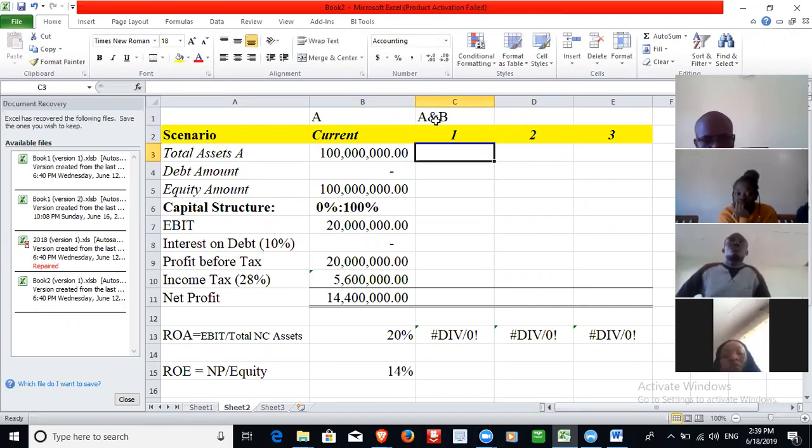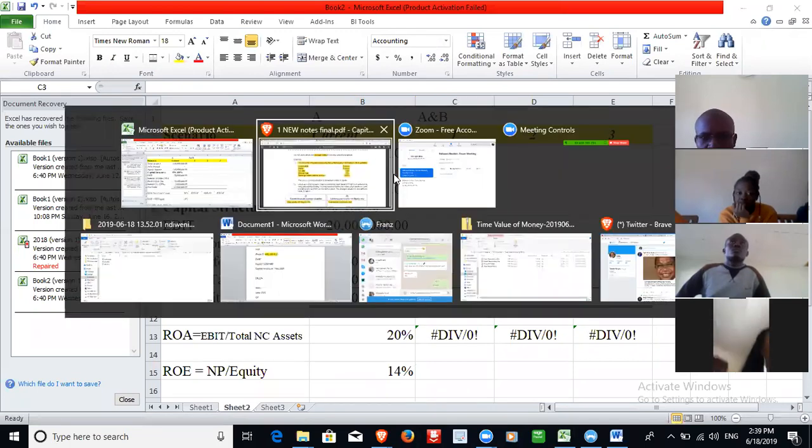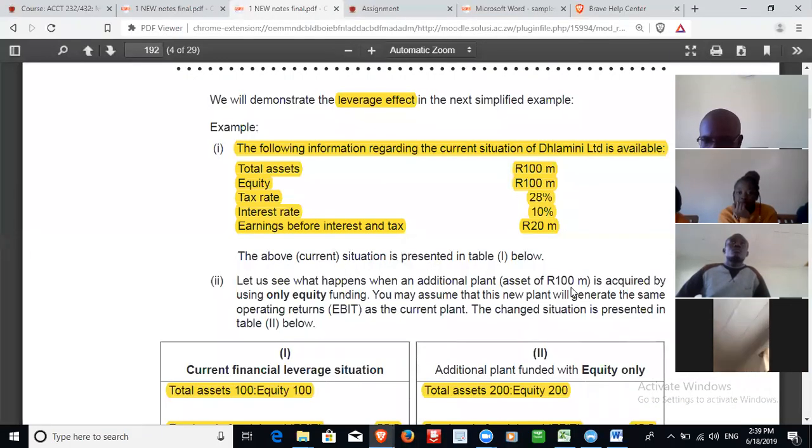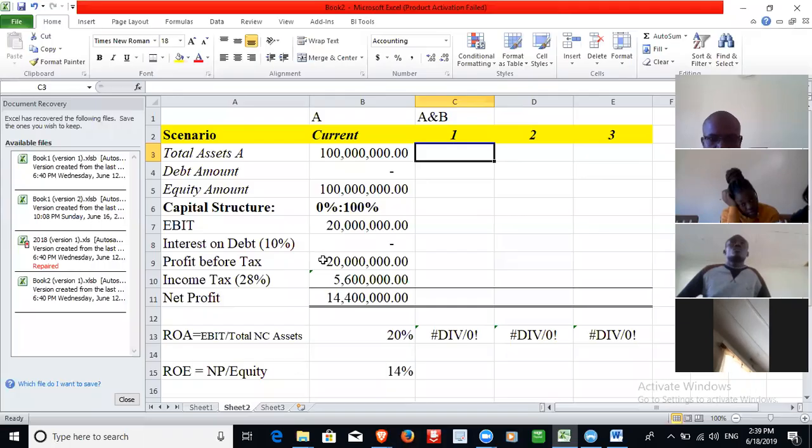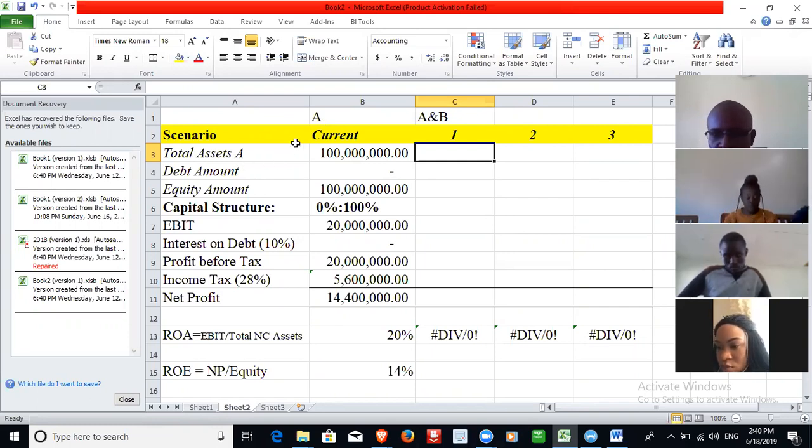What will happen if we purchase another plant in tune of 100,000, which is acquired by equity funding only? What's going to happen to return on assets and to return on equity? We want to purchase another plant, or assume it's an aeroplane.